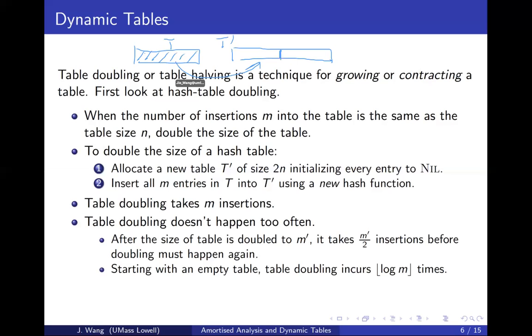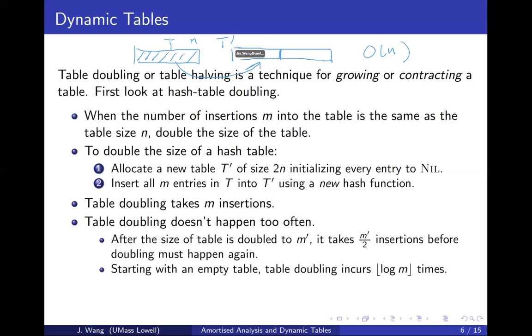If this is n, each hashing takes constant time, so moving this over will still take a constant times n.